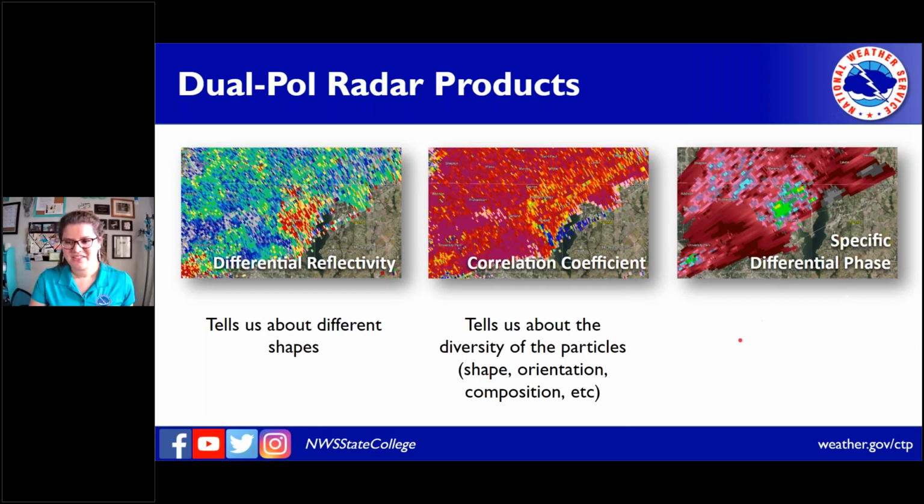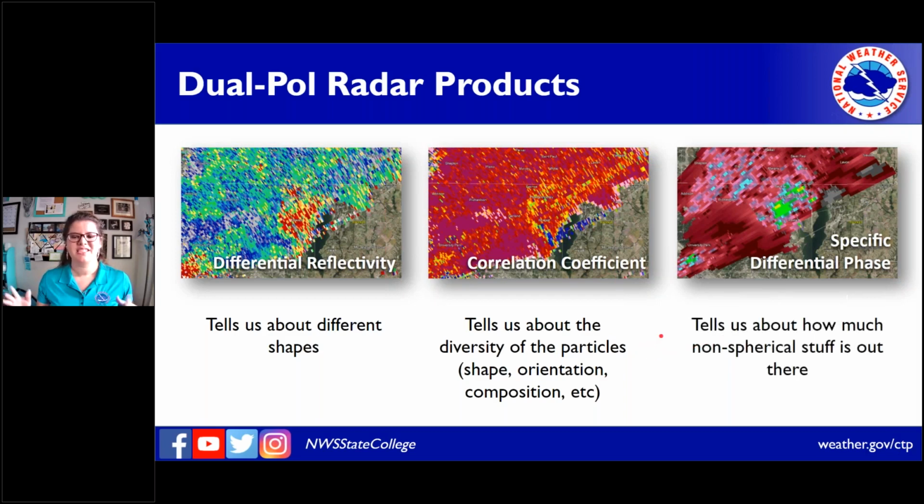And then finally, specific differential phase, or KDP, tells us about the non-spherical stuff that's out there. So non-spherical stuff meaning weird shaped hailstones or raindrops that are really, really large, because believe it or not, raindrops, when they are large, they actually flatten out. And I have an example here, and become kind of like a French roll shape.